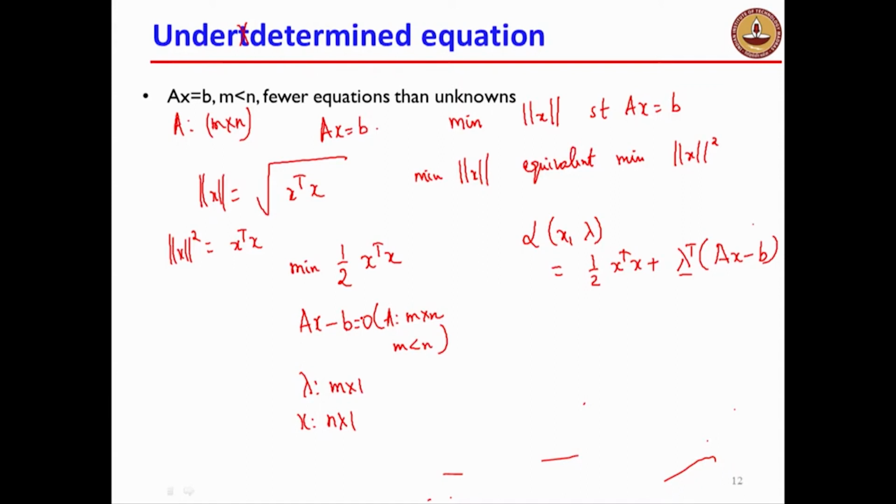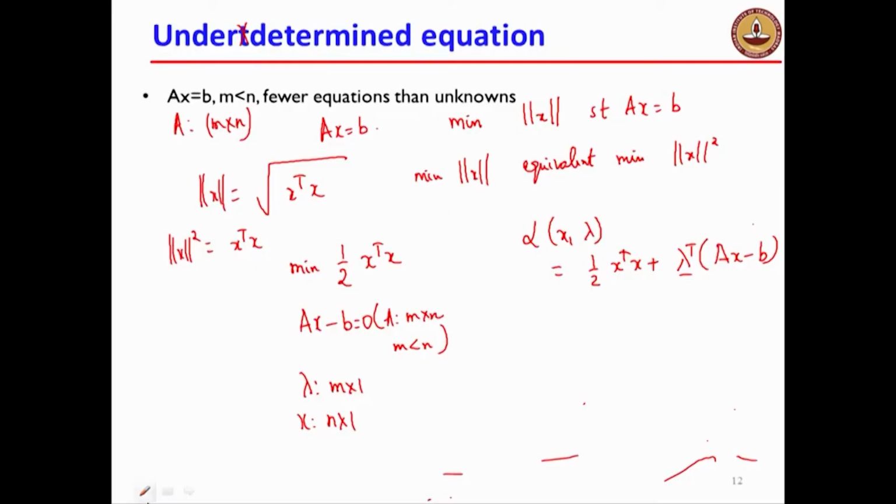I could have written down the Lagrangian for every equality constraint, and those happen to be linear constraints over here, and then I can bring all of them together, and finally it boils down to the Lagrangian being half x transpose x plus lambda transpose (Ax minus b).